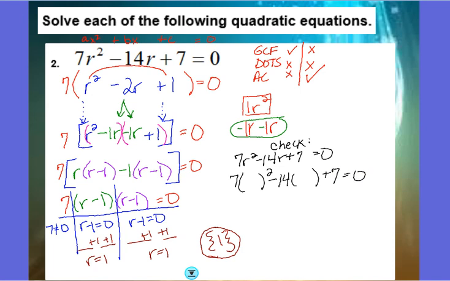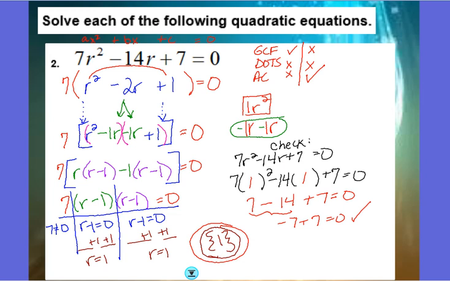Should give us 0. Let's try it out. 1 squared is 1 times 7 minus 14 plus 7 should give us 0. This gives us negative 7 plus 7, and it works out. So our solution is just 1.